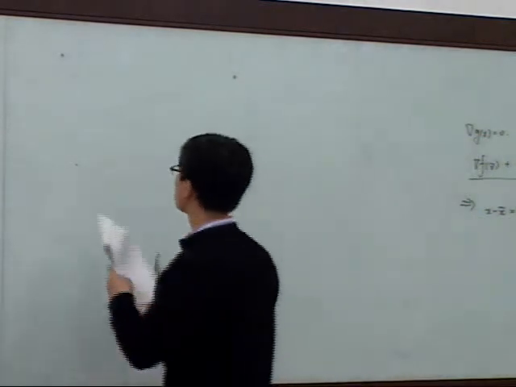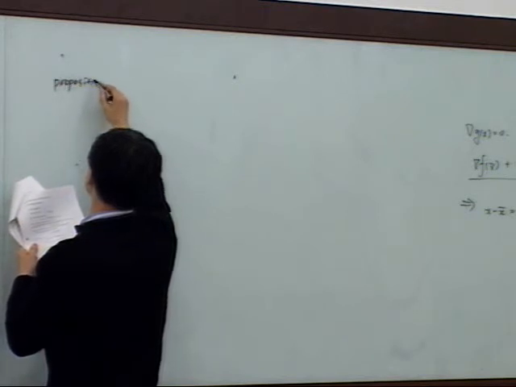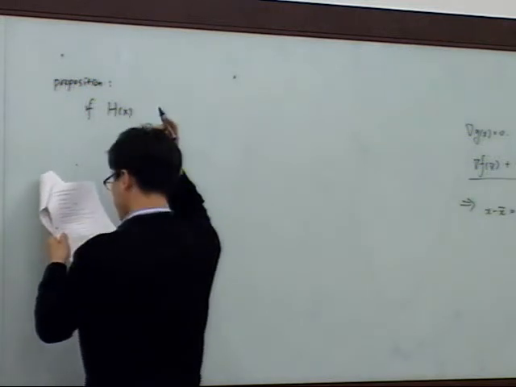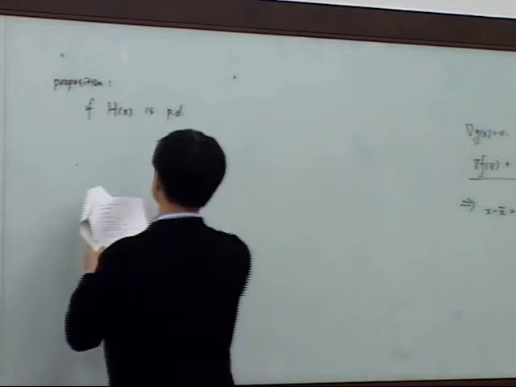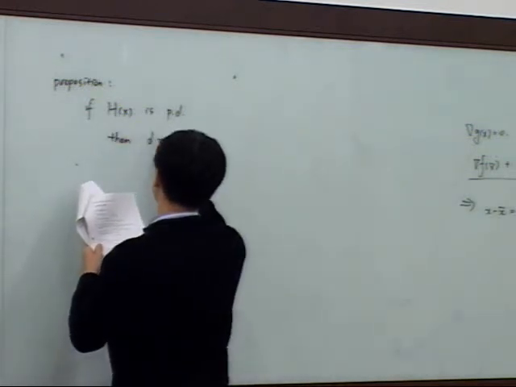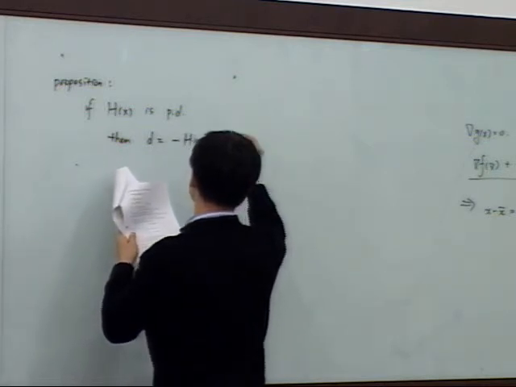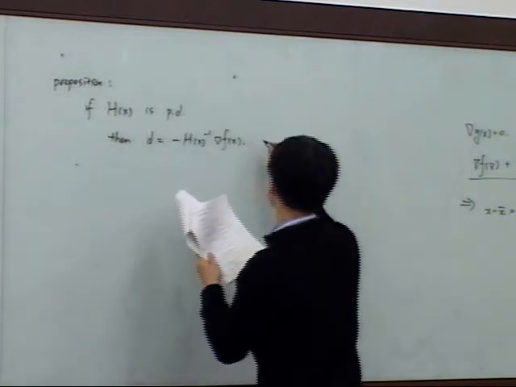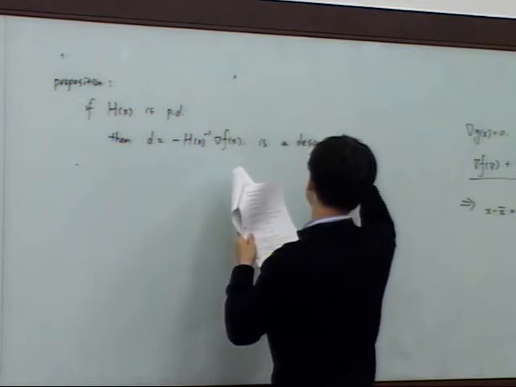Let's find out one thing. It's another proposition. If a Hessian matrix is positive definite, then this Newton direction d, minus Hessian inverse gradient f(x), is a descent direction.